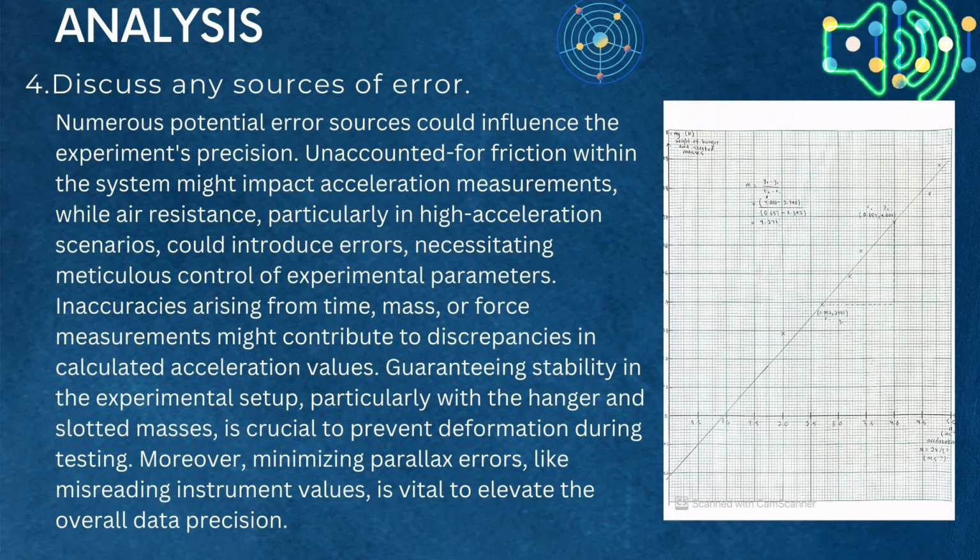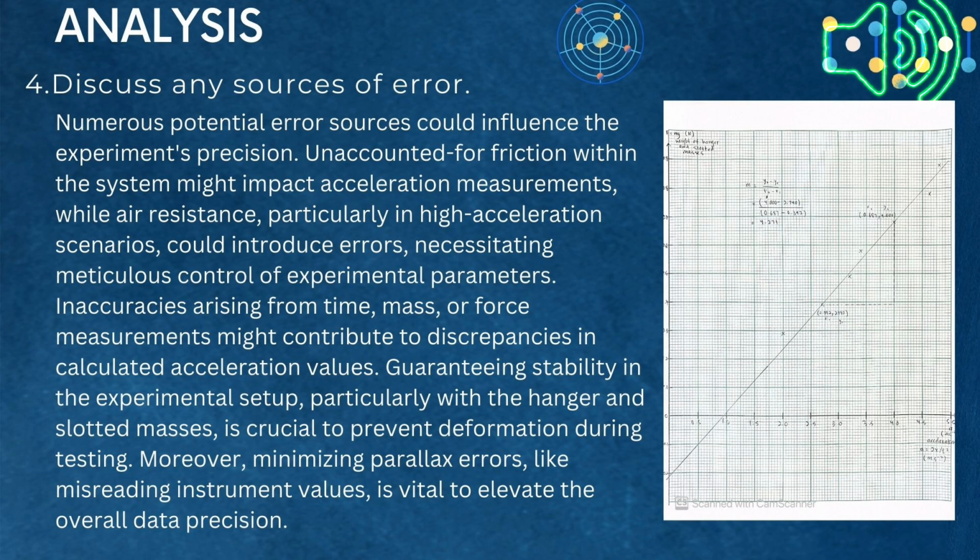Numerous potential error sources could influence the experiment's precision. Unaccounted for friction within the system might impact acceleration measurements, while air resistance, particularly in high acceleration scenarios, could introduce errors necessitating meticulous control of experimental parameters.